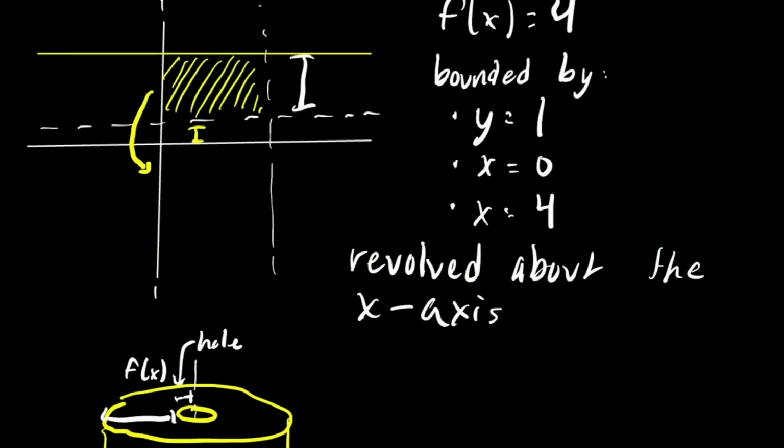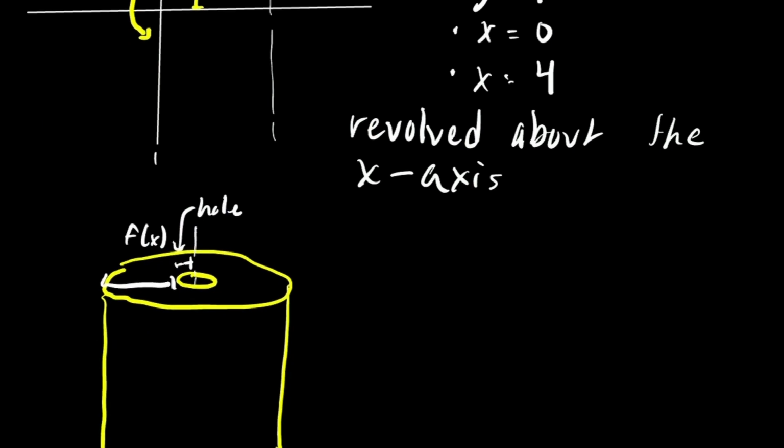So this distance is the same as that distance, and that is the same as that distance. A lot of arrows might be a little confusing, but hopefully the math won't be confusing.